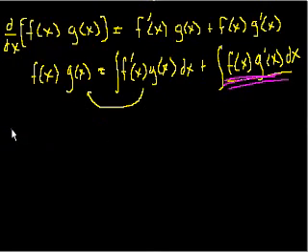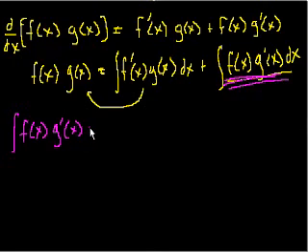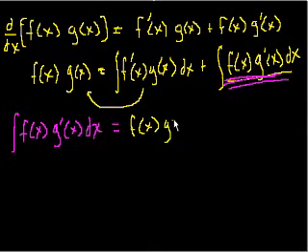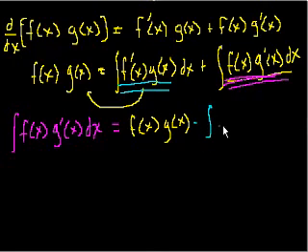This term right here, f of x, g prime of x, dx, is equal to f of x, g of x, minus this term, because I put it onto this side of the equation. So minus f prime of x, g of x.